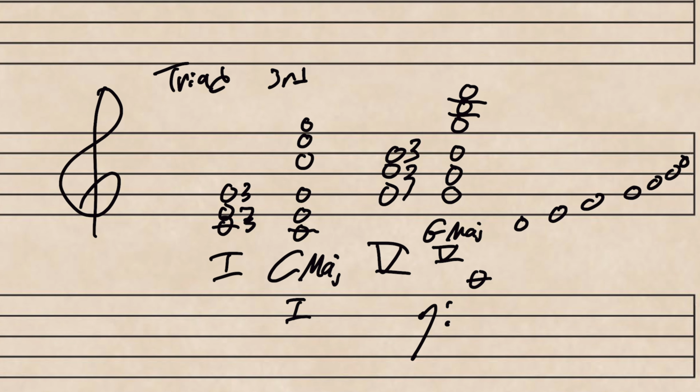Now, of course, in a previous video, we talked about where the Roman numerals, where the numbers actually come from, so you can go check that out if you're confused by the Roman numerals or by the numbers. But essentially, at its most basic, a chord is just a combination of notes that sound together. And you can mix them up in interesting ways. We get inversions, okay?